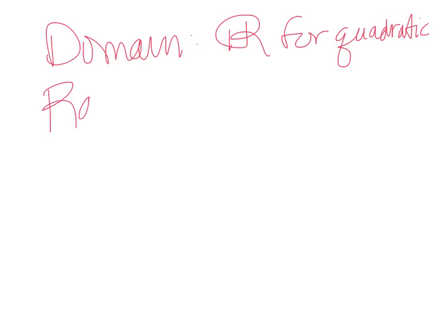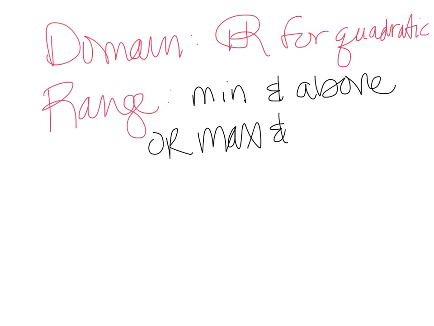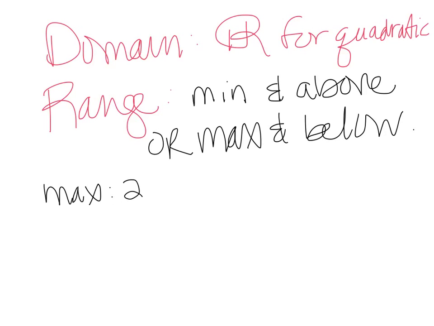But range is a different story, of course, because you've got this parabola shape going on here. So the answer to range is going to be the minimum value and above, or the maximum value and below. In my last question, I had the maximum, 27.